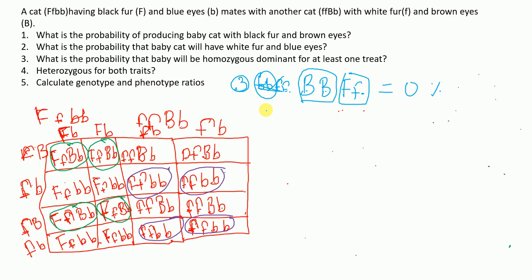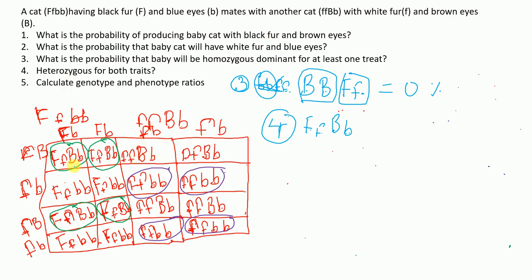And finally, another thing is heterozygous for both traits. Okay, question number 4. Heterozygous for both traits, which means capital F, small f, and capital B, small b. How many do I have?